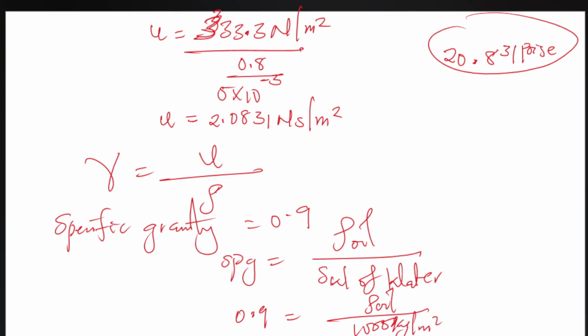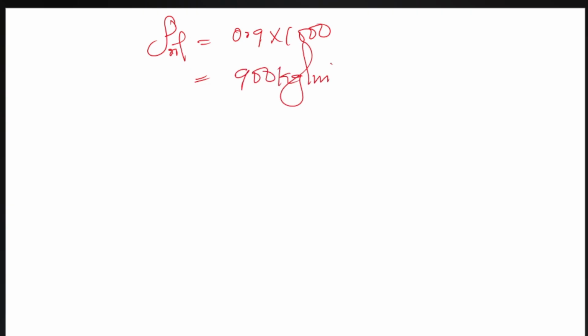So what you simply do is you cross multiply from what we have here. If you cross multiply, you have your density of oil, rho subscript o, will be equal to 0.9 multiplied by 1000. And you simply arrive at 900 kilogram per meter square.